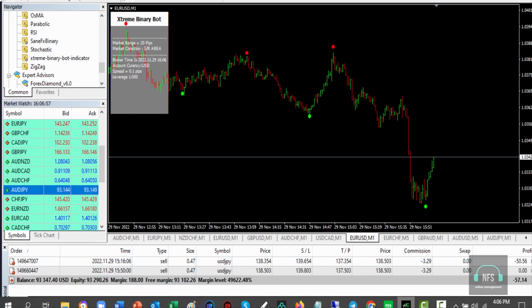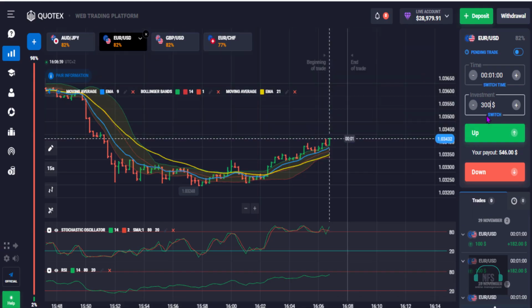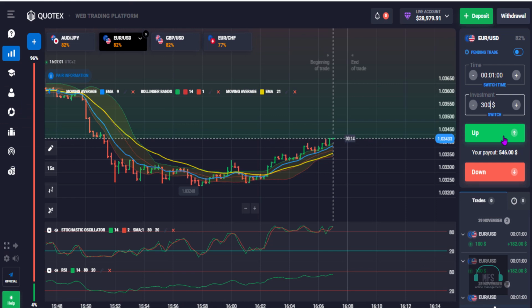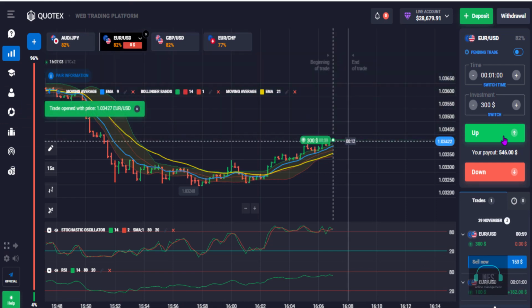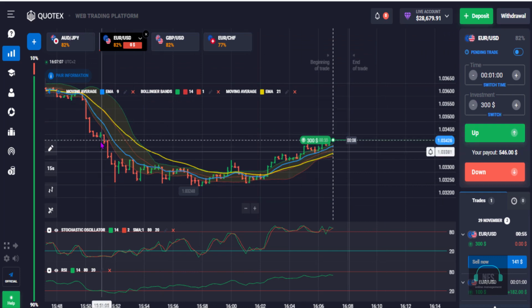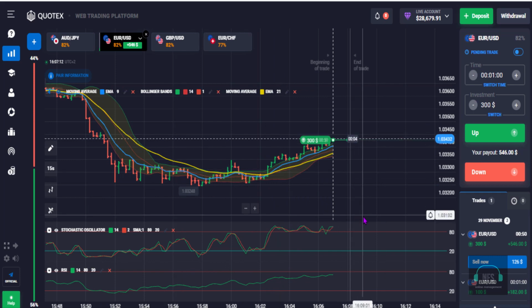Let's go here to this one, and as you can see, the price is pumping up more. Let's place here an up trade, a $300 up trade this time. So let's see, because as you can see, we have a reversal of price here.